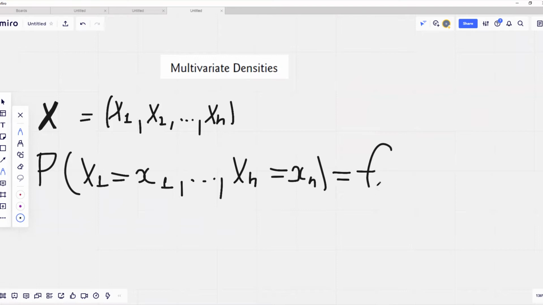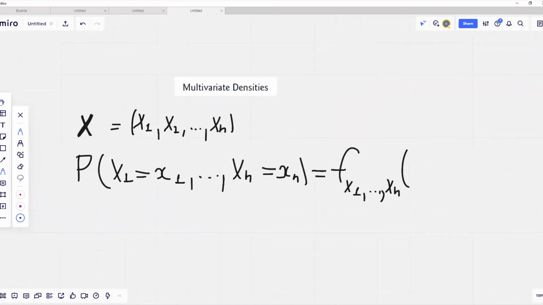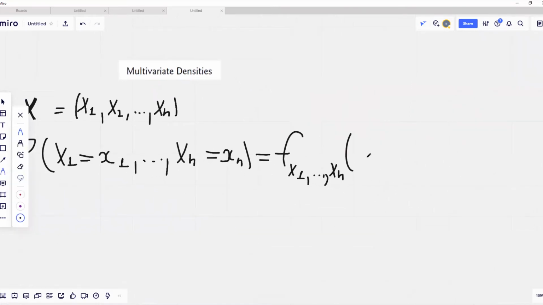Let's call it f subscript the names of your random variables at x1, x2, and so on, xn.